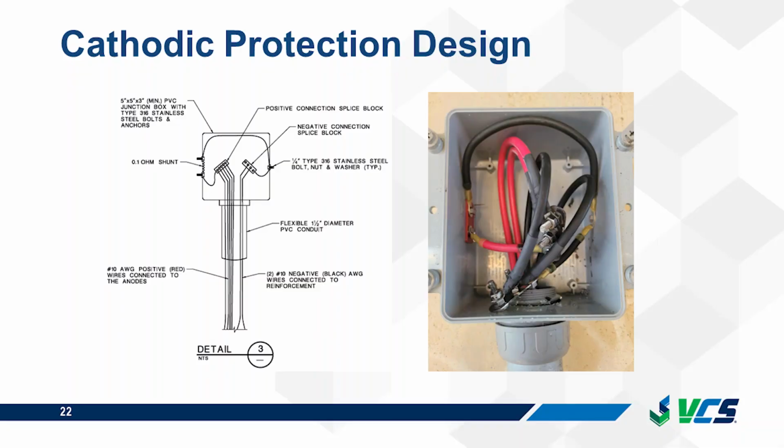So the black wires are physically attached to the reinforcement inside the pile. And the anodes and the reinforcement are connected through the junction box. This way, the anode current output can be monitored by going through the shunt and having the test connection. Otherwise, you can directly attach them to the reinforcement. But yes, you would need to have reinforcement connections. But then you can't monitor.